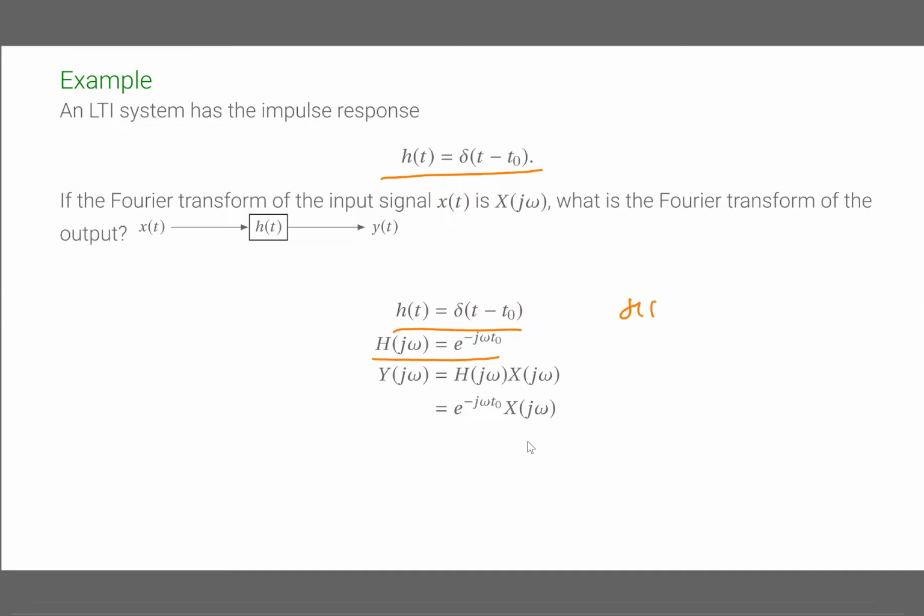Actually, delta(t)'s Fourier transform is 1, and to account for this time delay, we multiply that with e to the power of minus j omega t naught. So Y(j omega), we know from the previous theory, must be H(j omega) times X(j omega). So we have e to the power of minus j omega t naught times X(j omega) in this case.